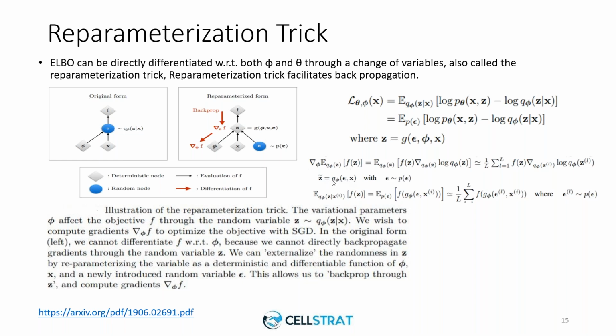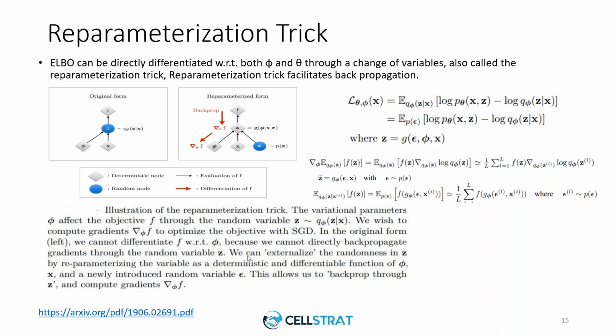Once we put this value for z, we can move the gradient with respect to phi inside. Basically we are doing a reparameterization: we are moving phi from outside the expectation to inside it so that it can be computed.